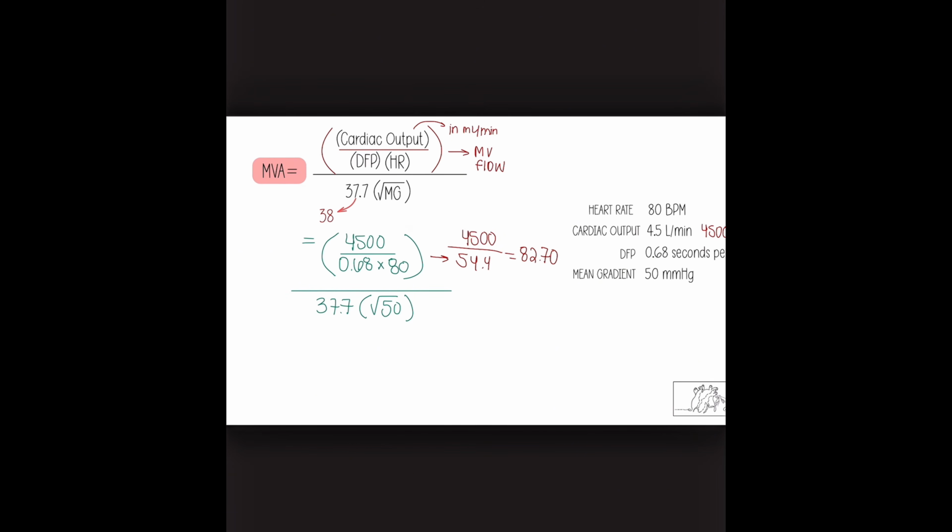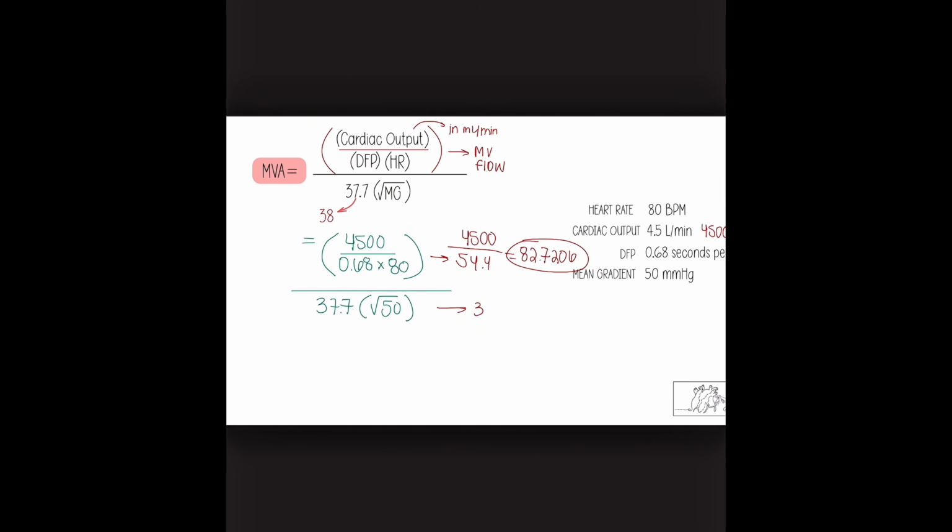82.70. Nope. See, that's where you make a mistake. 82.72058, so that's 6. And then we'll do the square root of 50. Okay, so that's your numerator.